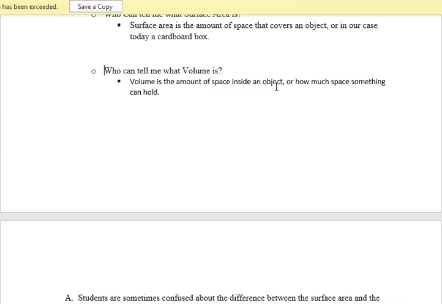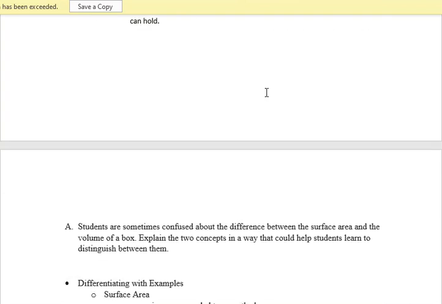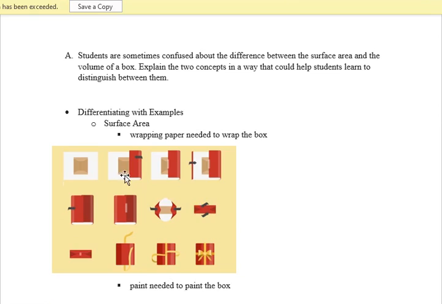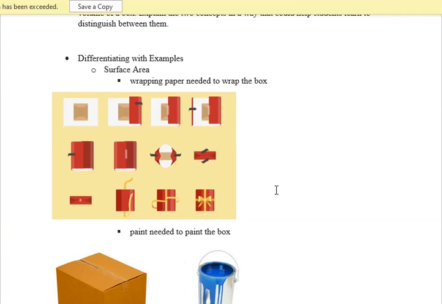A way to explain this to students is by bringing in wrapping paper and having them wrap a box in the wrapping paper. The amount of wrapping paper that's needed to wrap that box is the surface area of the box. It's the amount of space that covers an area.